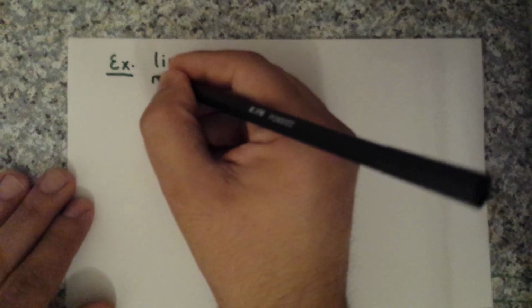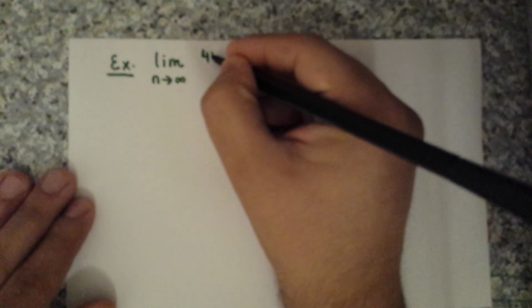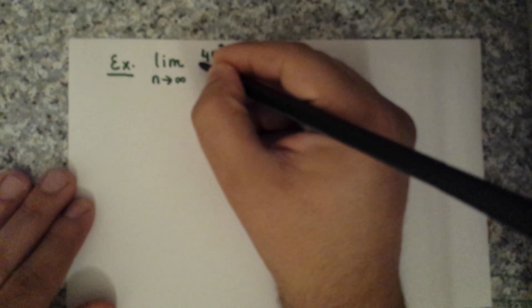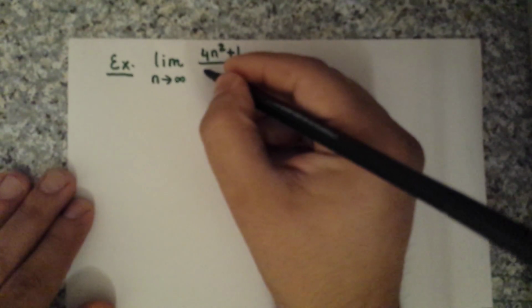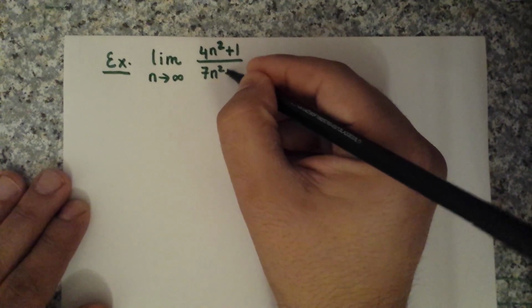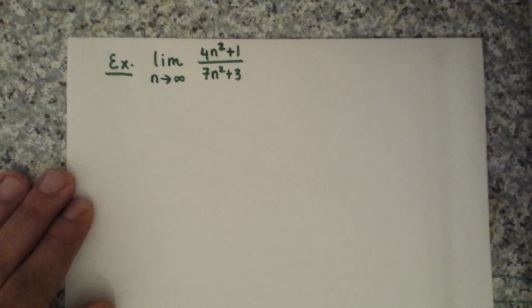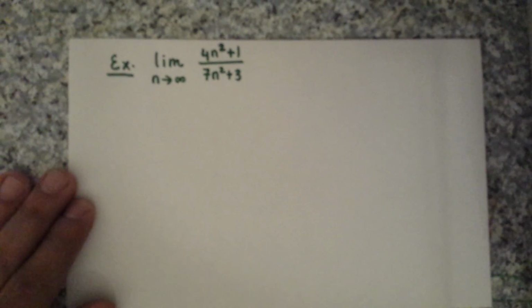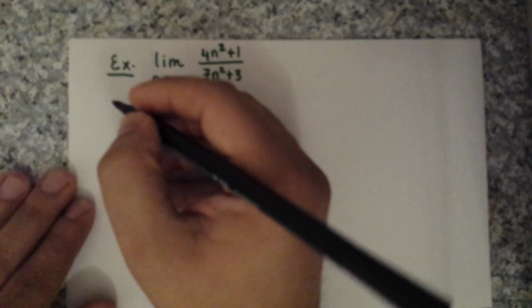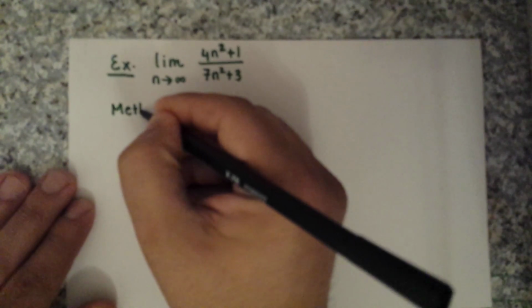Limit as n goes to infinity of 4n squared plus 1 divided by 7n squared plus 3. You can see the degree of the top is 2 and the degree of the bottom is 2. If you want, I can write this as method 1.